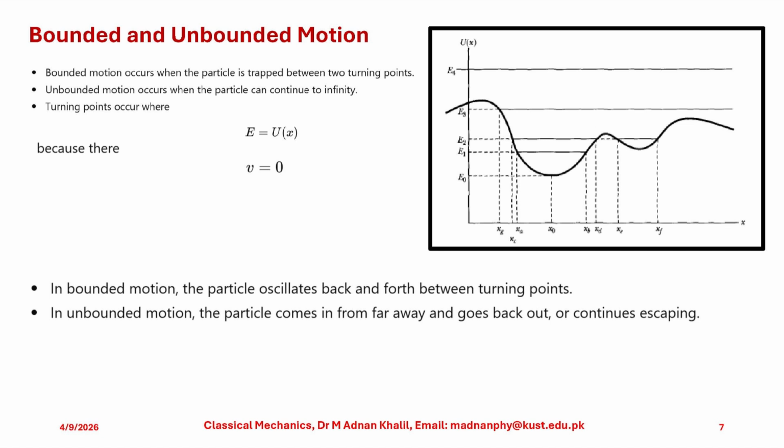In the figure, some energy levels intersect the potential curve in two places, creating a confined region that corresponds to bounded motion. A higher energy level may allow the particle to move far away without being trapped. That corresponds to the unbounded motion.